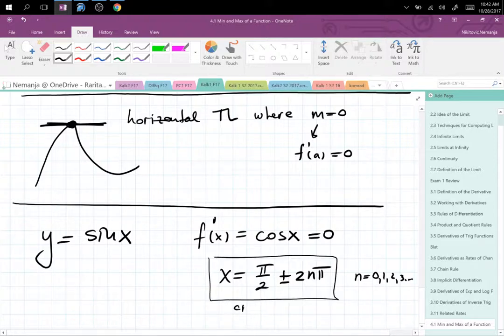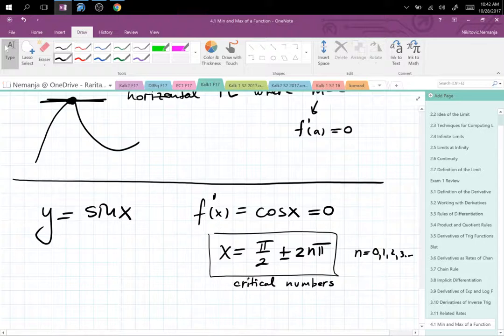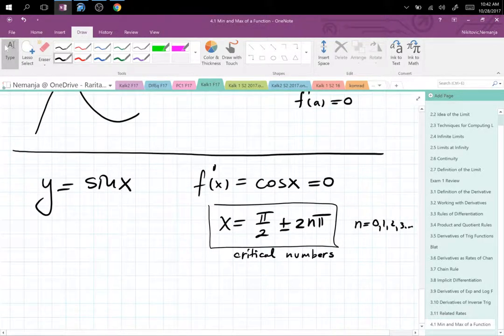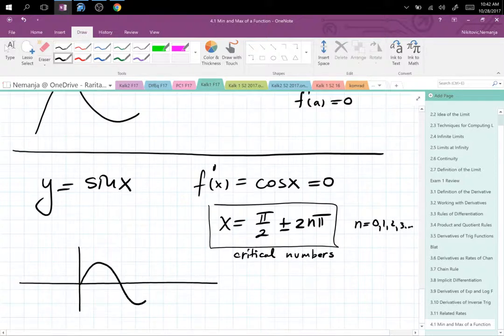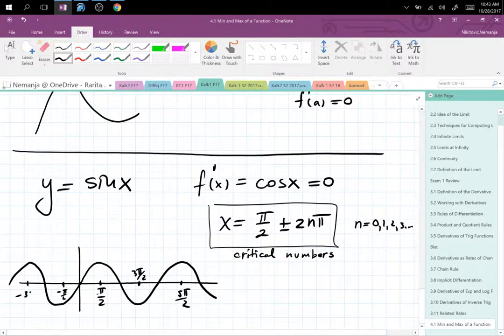So all of these are critical numbers. If you know your trig graphs, as your pi over 2, as your 3 pi over 2, as your 5 pi over 2, there's a negative pi over 2, there's a negative 3 pi over 2.